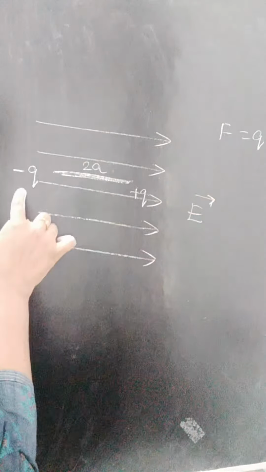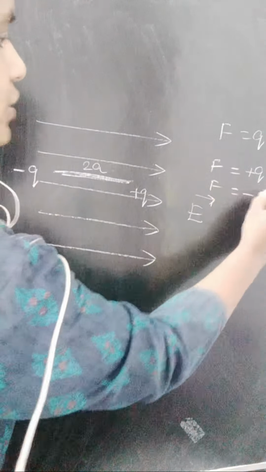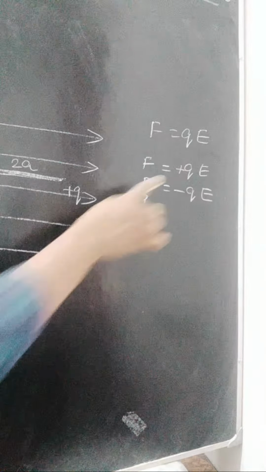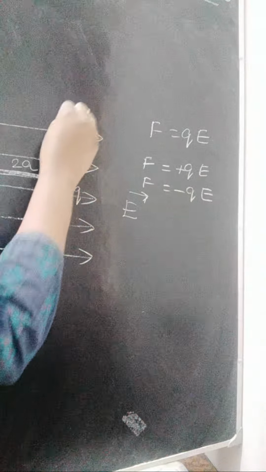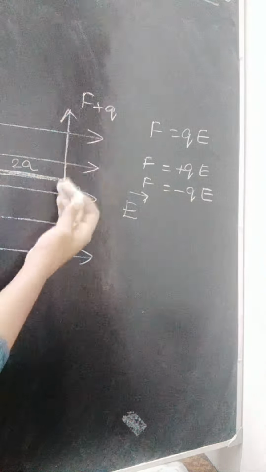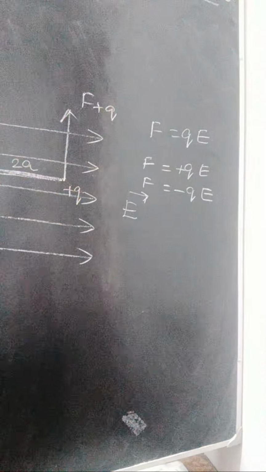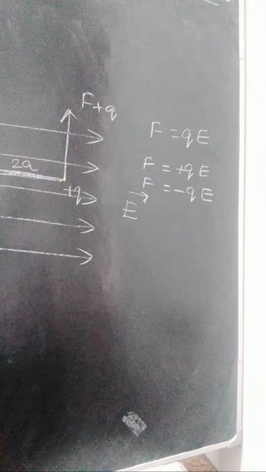One is plus Q, another one is minus Q. So the force due to plus Q will be plus Q into E, and the force due to minus Q will be minus Q into E. Is force a vector quantity or scalar quantity? Vector. So one is plus Q, another is minus Q, which means they will act equal and opposite to each other. If F plus Q I am taking towards the positive y-axis, then F minus Q will be acting towards the negative y-axis.